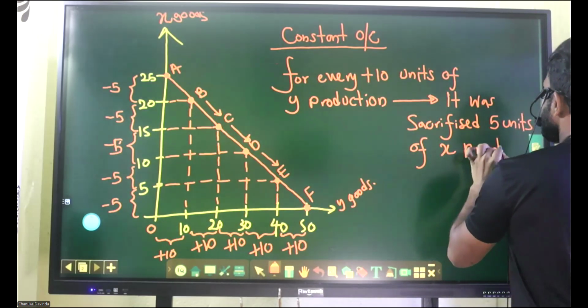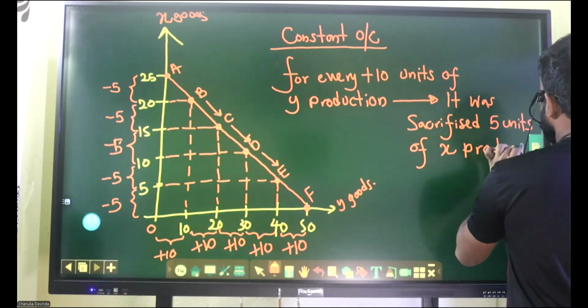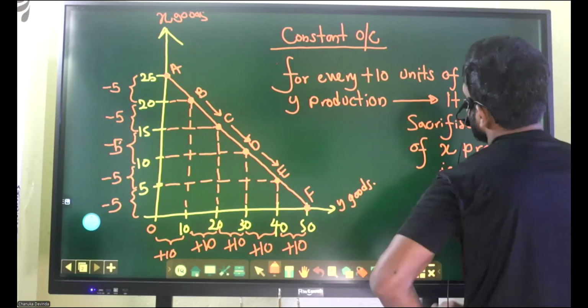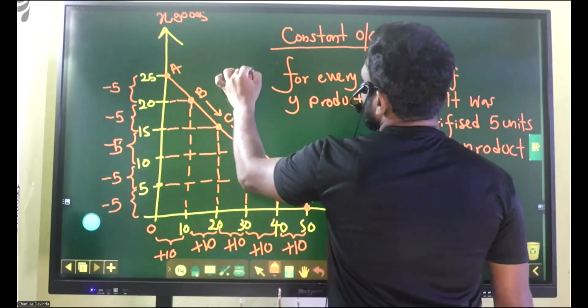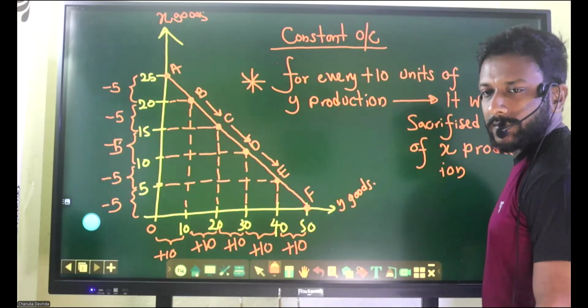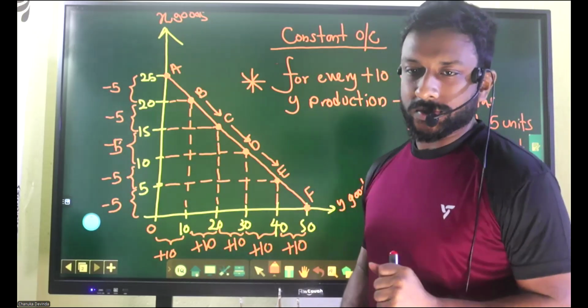It always remains constant. Always it remains constant, right? So that's what we identified as constant opportunity cost, right?